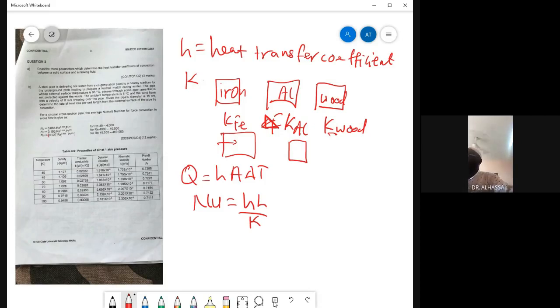The value of h does not depend on the material. It depends largely on the fluid properties.